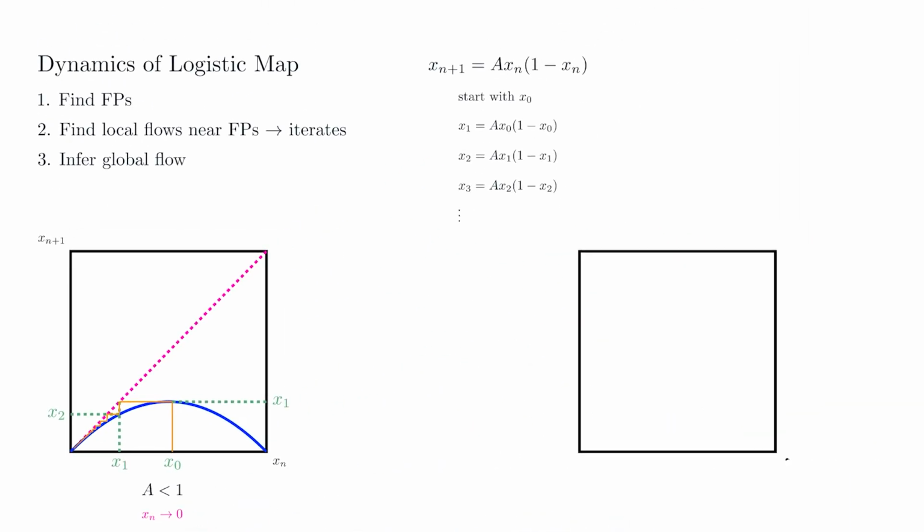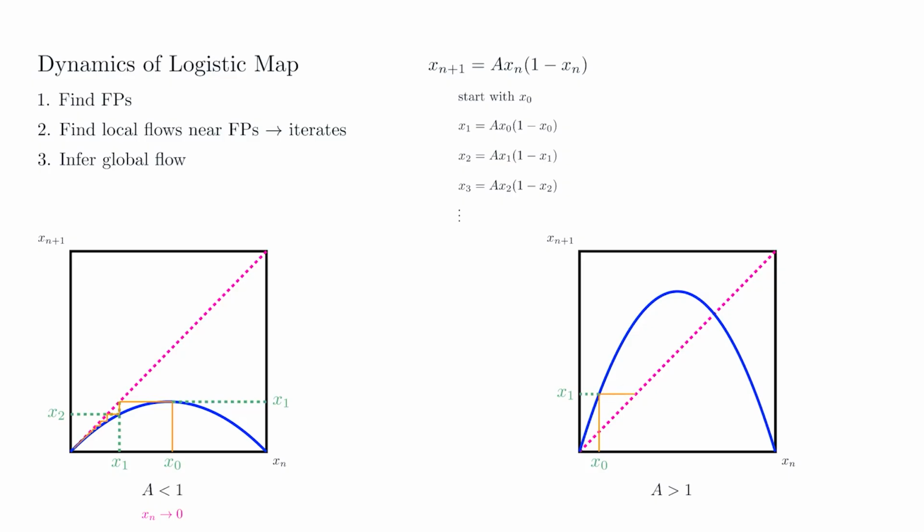On the other hand, if a is larger than 1, and we're plotting again x_{n+1} versus x_n. So starting at x_0, we compute f of x_0, and that gives us x_1. And now to figure out what is x_2, we project x_1 onto the 45-degree line to figure out the new starting point for the iteration of the function.